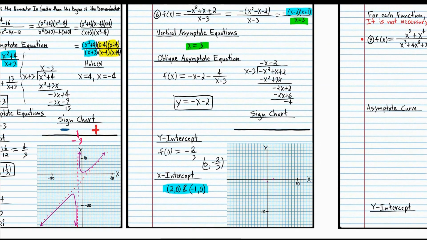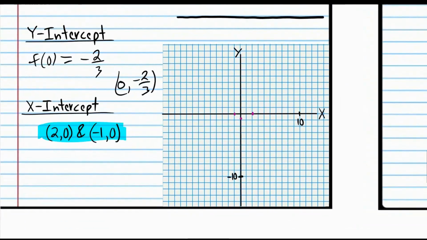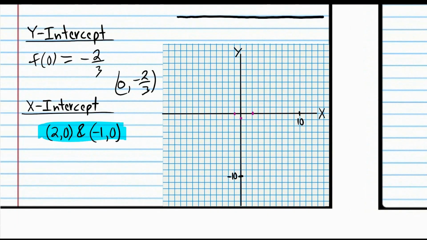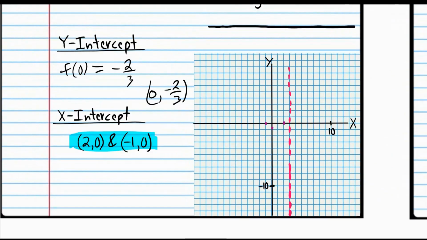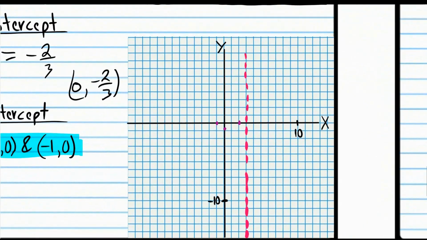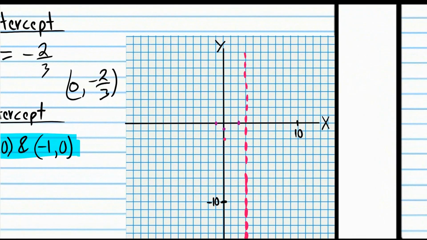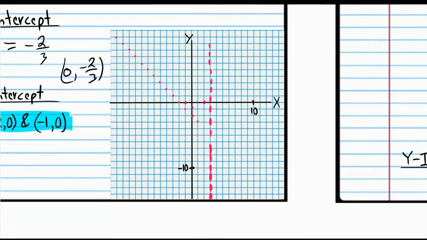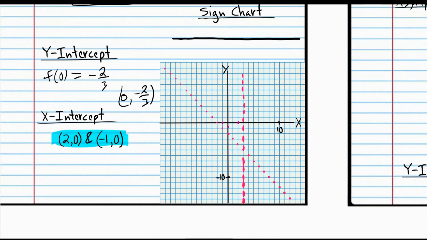And let's graph the vertical asymptote, x equals 3, and the oblique asymptote, negative x minus 2. So the slope is, excuse me, the slope is negative 1, and the y-intercept is negative 2.